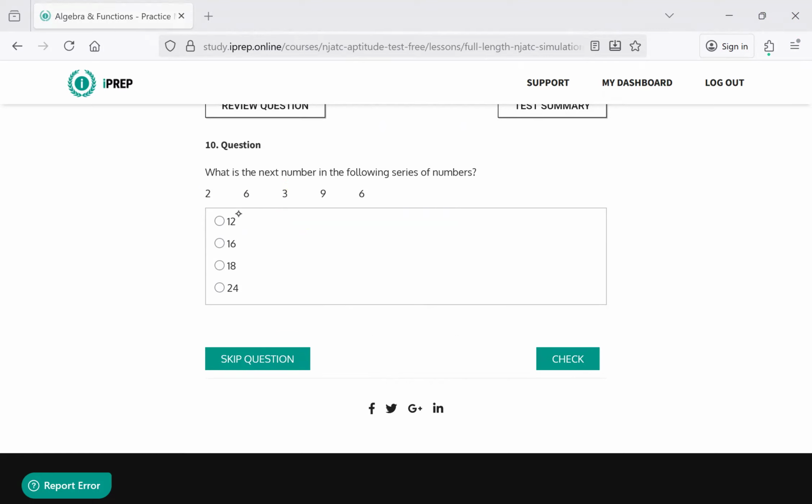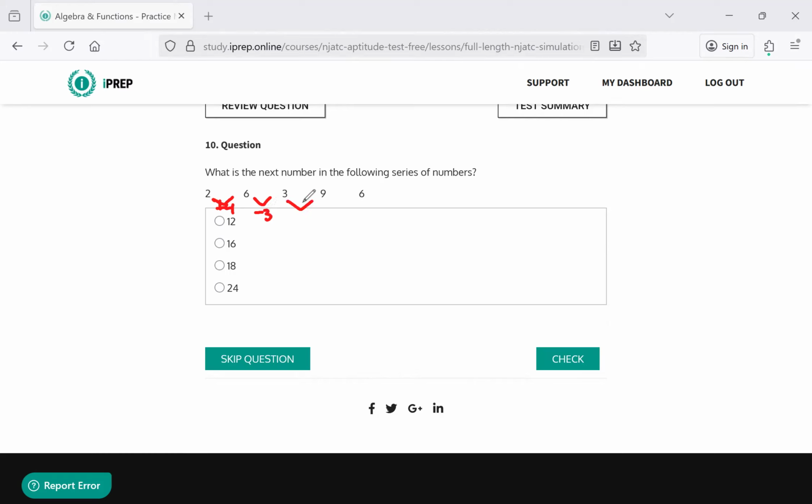Question 10 is also a sequence. We have 2, 6, 3, 9, 6, right? Let's see. From 2 to 6, what do you have to add? Plus 4. From 6 to 3, I think you have to subtract 3.